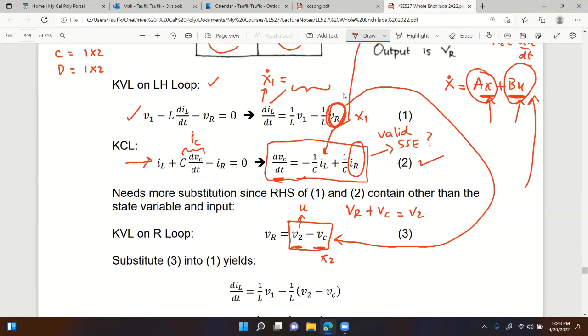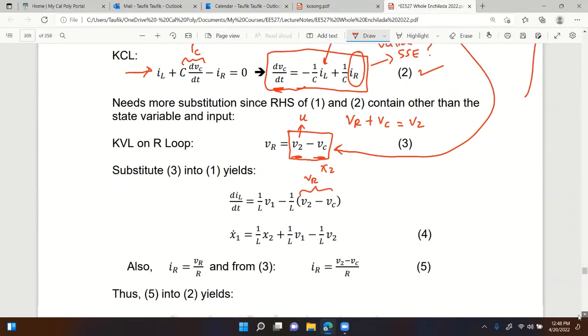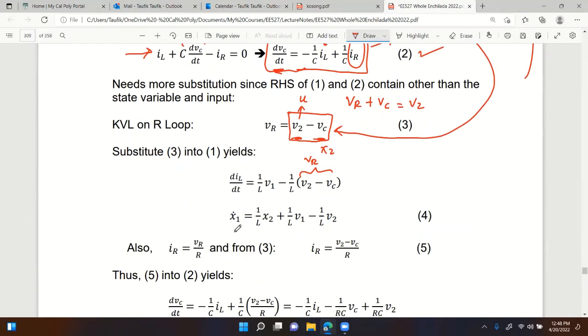So now that's what I'm going to do. Because I know by using the right-hand loop KVL, I get a good equation for VR. And that's what I did right here. You see that? I replaced VR with V2 minus VC. This used to be VR. Once I substituted that, I have a new equation for x1 dot, which is equation number 4.